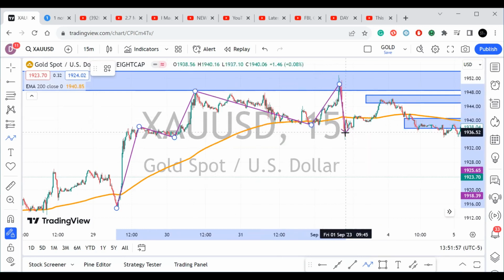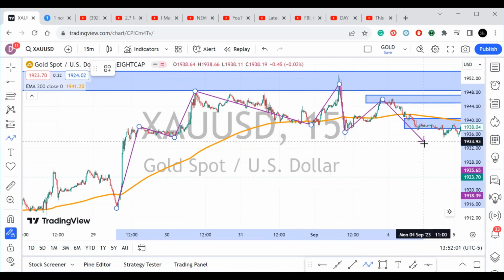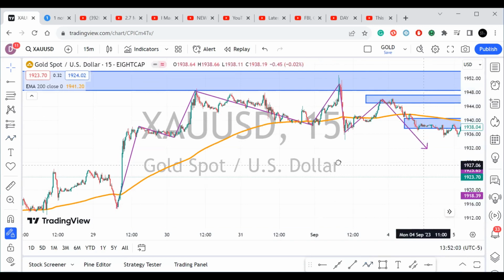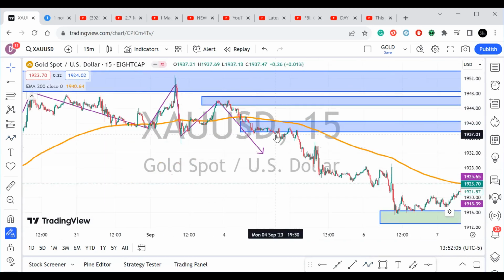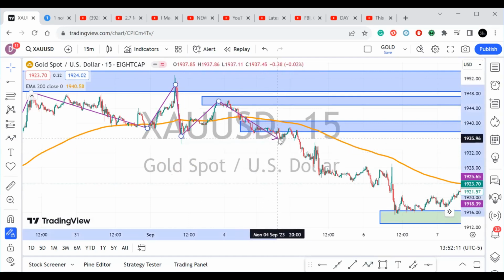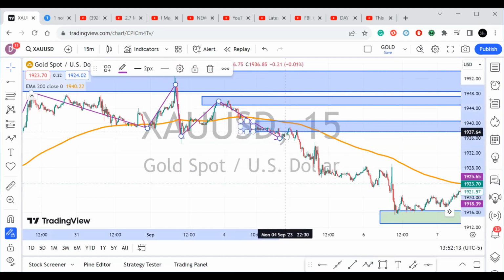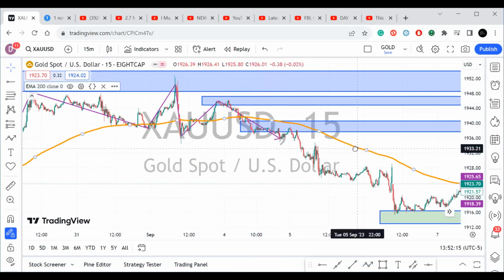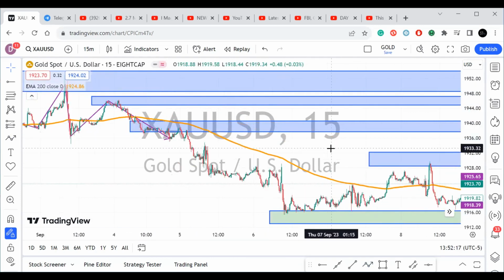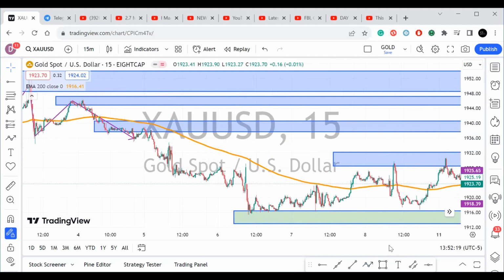You have a break of structure. See how price broke? You have a pullback, then we had a continuation to the downside. This candle broke below this, so this was the continuation to the downside. Then we had a pullback here. We had a pullback there. Pullback. Then we had a continuation to the downside.